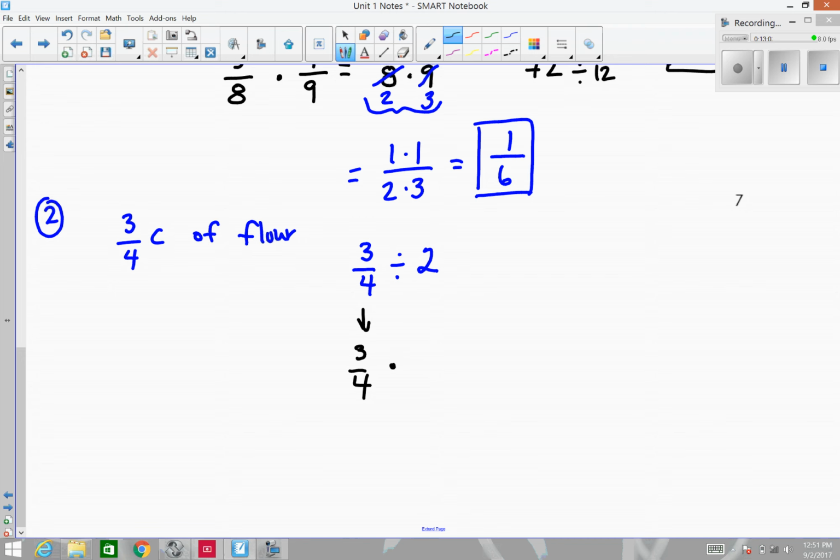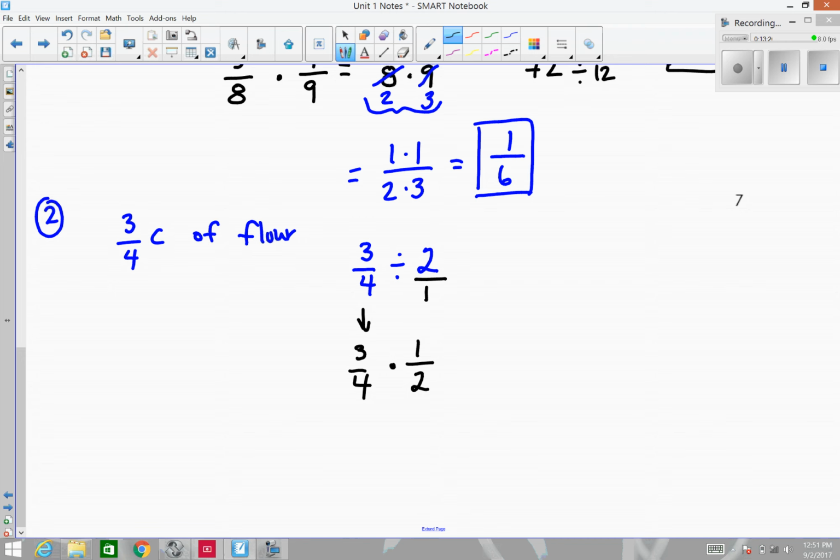I think I just said it backwards a moment ago. I want to change my division sign to multiplication. My 2 is not currently written as a fraction, but remember I can always write it as a fraction by putting it over 1. And now I want to multiply by the reciprocal. So I'm multiplying by 1 over 2 instead of 2 over 1.